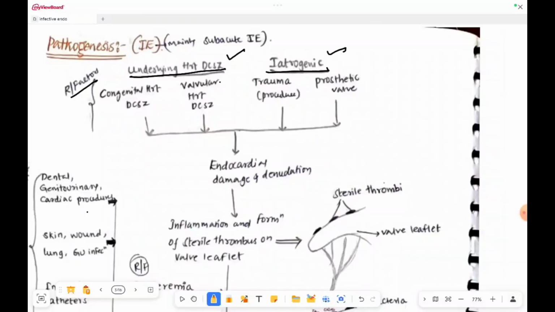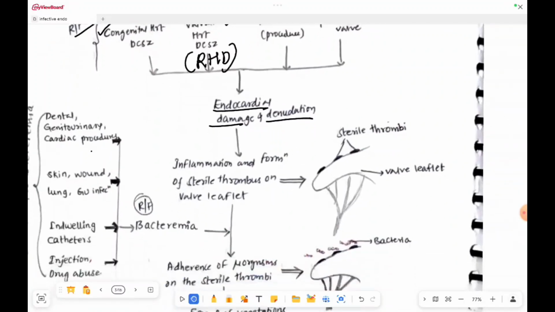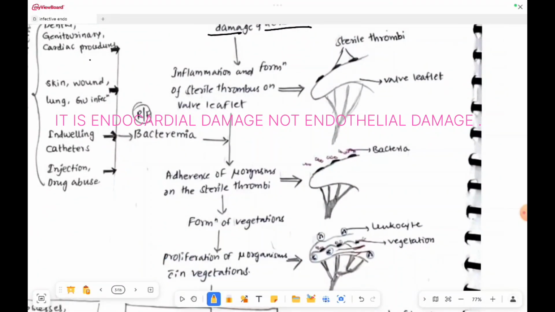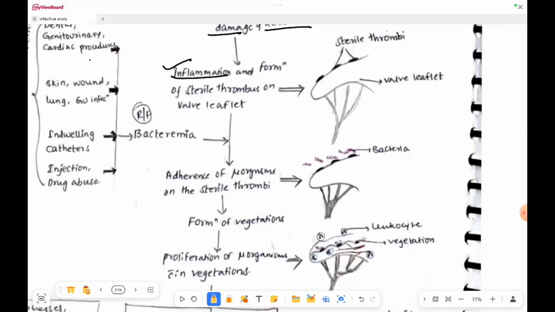Heart diseases like valvular heart diseases, for example rheumatic heart disease and congenital heart diseases. And iatrogenic causes are trauma and prosthetic valve. These risk factors will cause endocardial damage and denudation of endocardium. Endothelial damage will cause inflammation and there will be formation of sterile thrombus on the valve leaflet.